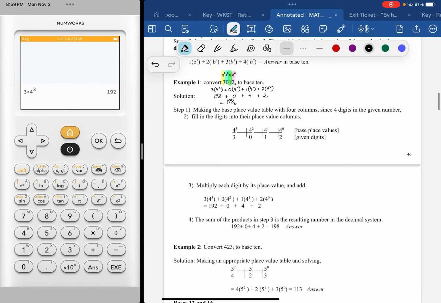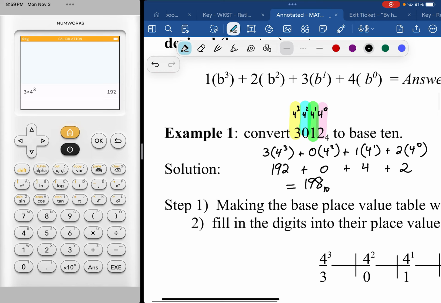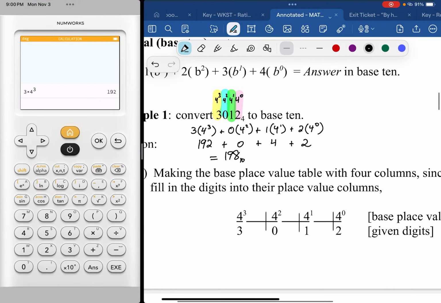All right. But yeah, you'll notice that in the case of base 4, you see those digits, 3012, right? If it's base 4, I could only have values between 0 and 3. So it would either be a typo or a trick question, where I would say, for example, convert 8156 in base 4.